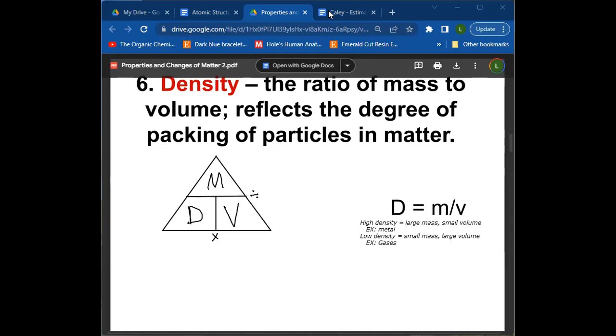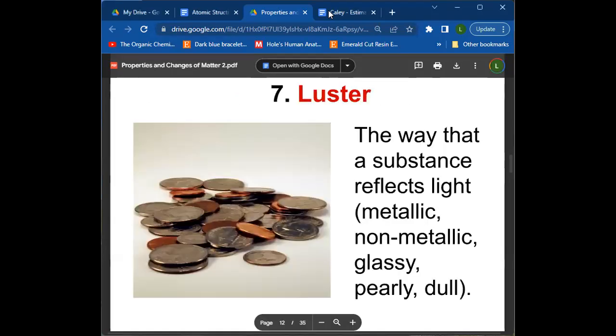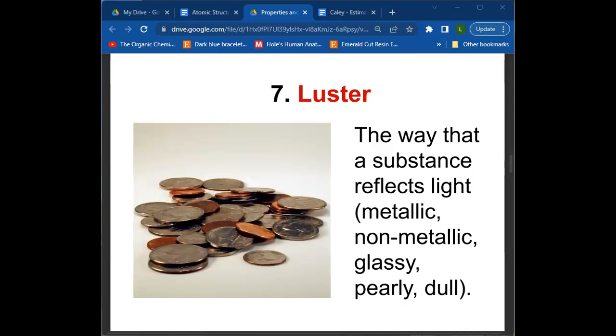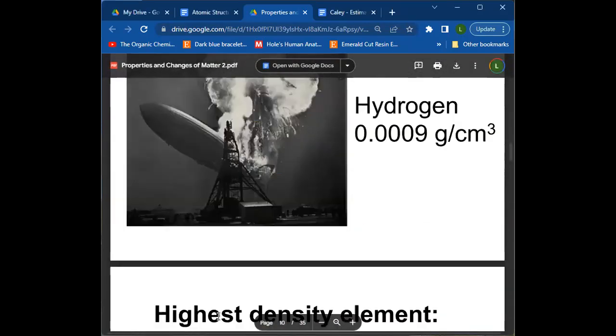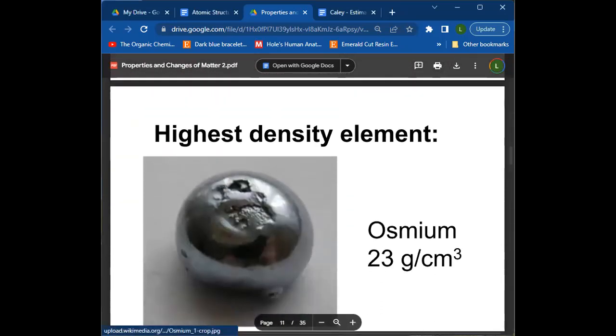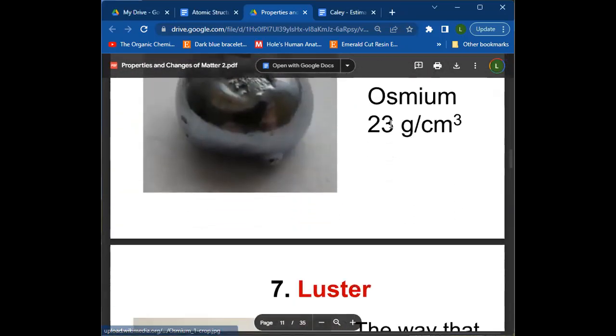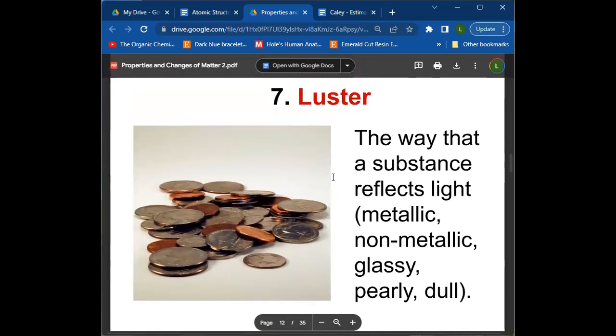Okay, now let's take a look at luster. So either way, density also is still a physical property. Everything we've done so far is still physical because you don't need a chemical reaction to find it.